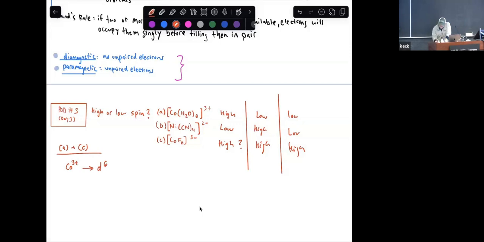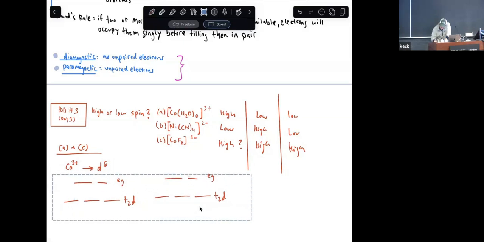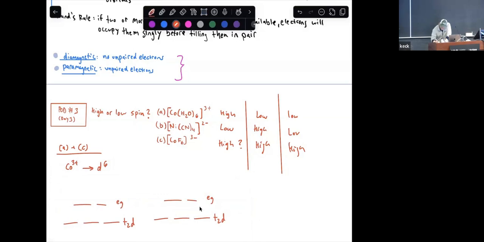So we know that the electronic configuration is going to look like this. And so we really have two options. One that's going to be high spin, low spin, and then we can. All right, I did that backwards.